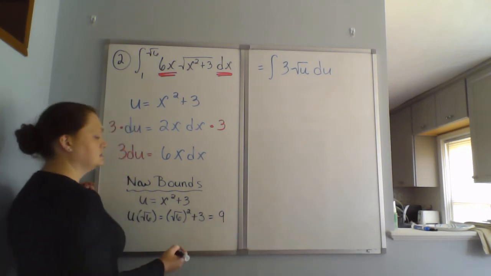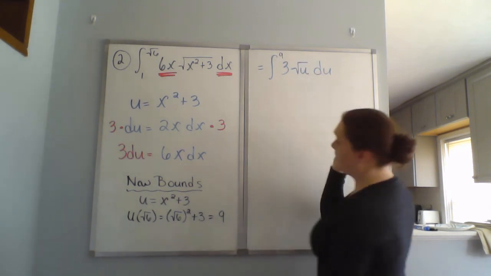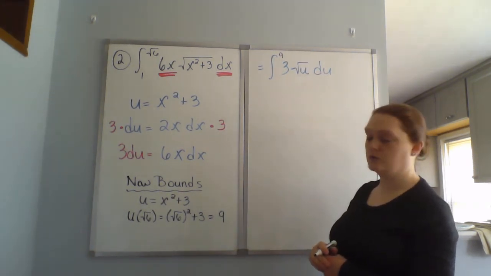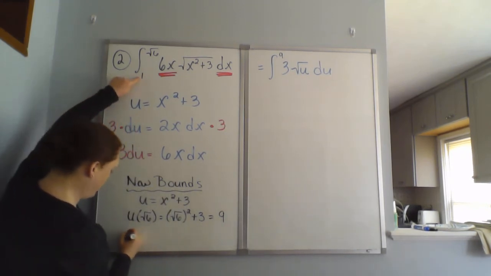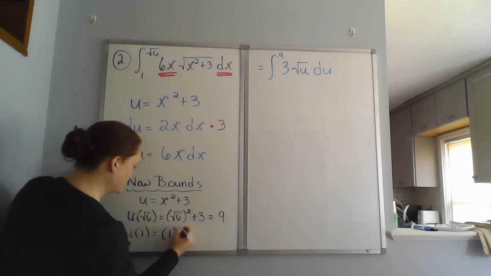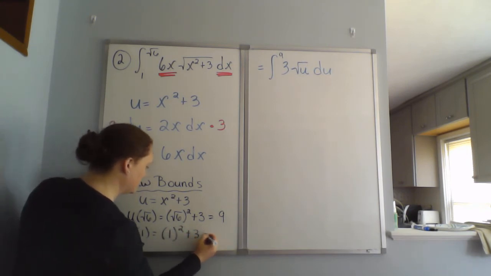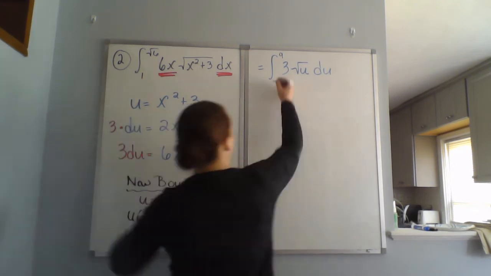That means I could put a 9 as the upper bound here, and then I won't have to go back to x's. Okay. If I do the same thing with the lower bound, u of 1, that would be 1 squared plus 3, which is 4, which means the 1 can be replaced by a 4.